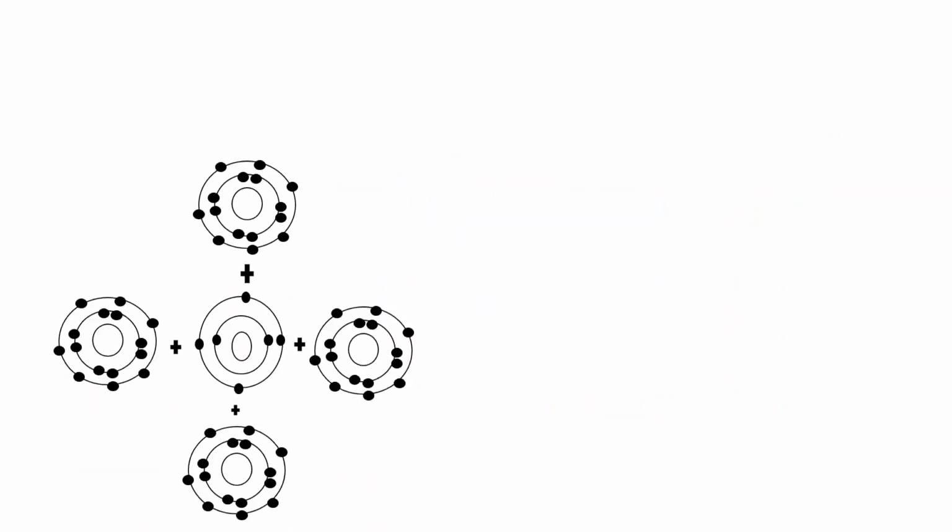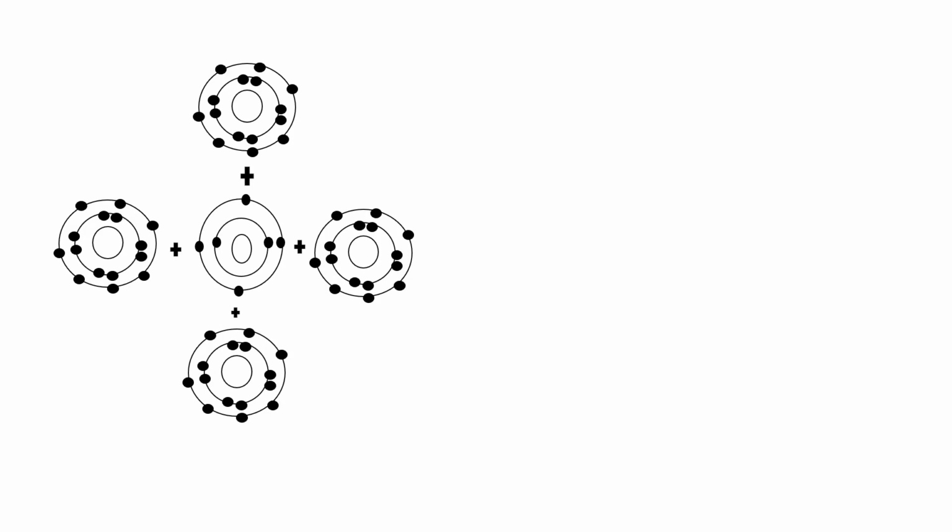So let us study the orbital diagram here. This is a chlorine atom, this is another chlorine, this is also a chlorine atom, and this is also a chlorine atom. Each chlorine atom has 7 electrons in its outermost shell, and there is a central carbon atom which has 4 electrons in its outermost shell.